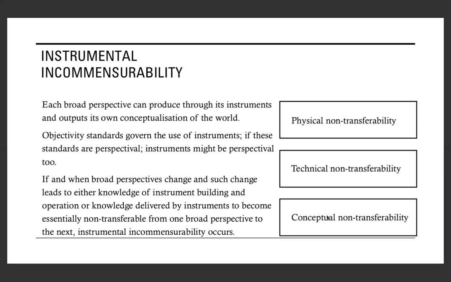This would lead to the same kind of challenge, whereby all the elements, or at least elements that directly govern the use of instruments, such as objectivity standards, if they are perspectival, so if they are internal to broad perspectives and they change, then that would lead to a form of conceptual non-transferability of scientific instruments.